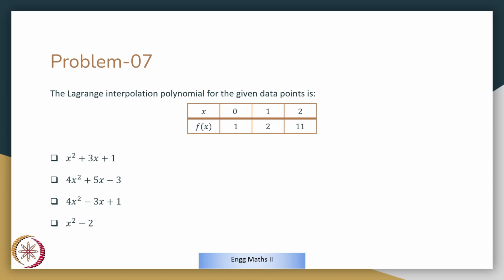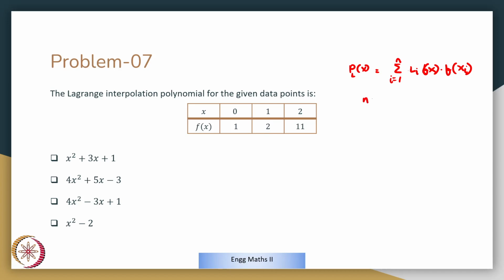Problem number 7 asks us to find the Lagrange interpolation polynomial for the given data points. So our Lagrange interpolation polynomial PL of x is nothing but of the form summation of Li(x) into f of xi. Here i will go from 1 to n.